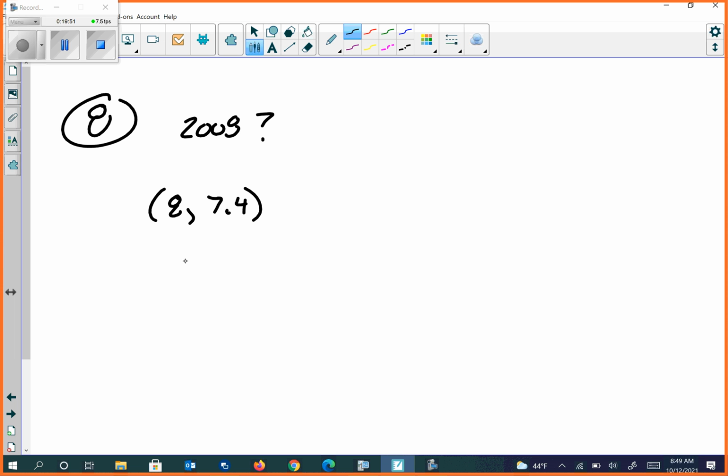Okay, so again, I'm going to use my equation that we have here. I have 11.28 minus 0.35x. All right, so this is what our data shows us.